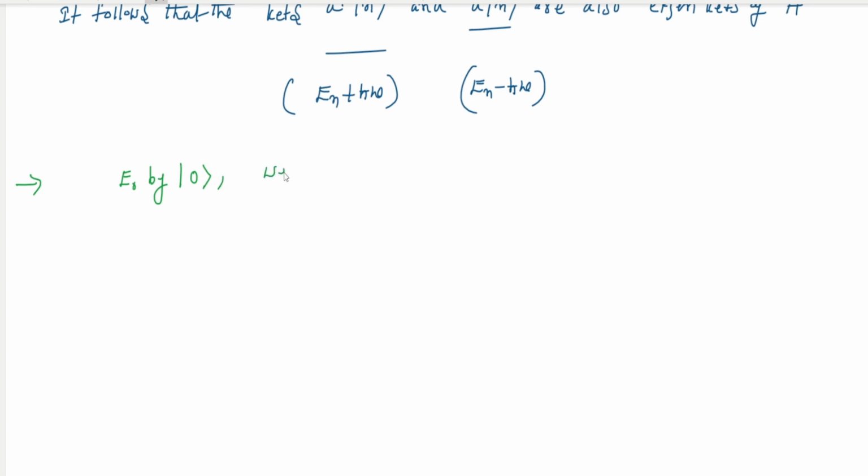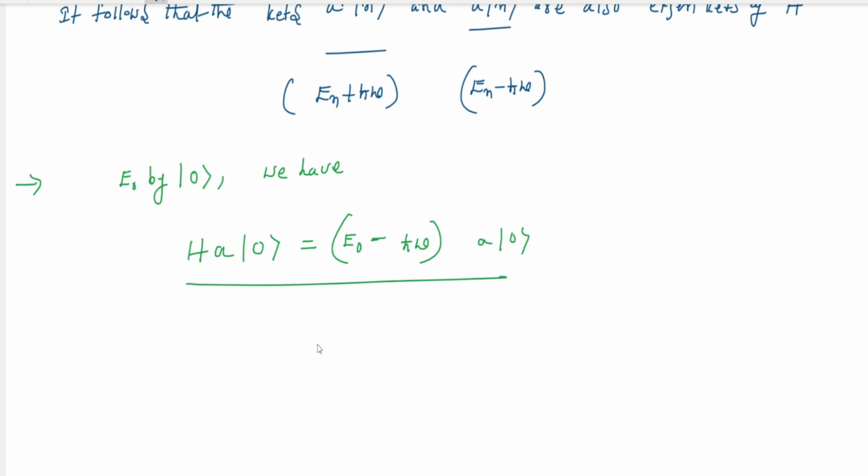So in case you try to apply A on this ground state, we get A 0 with eigenvalue E0 minus h cross omega.